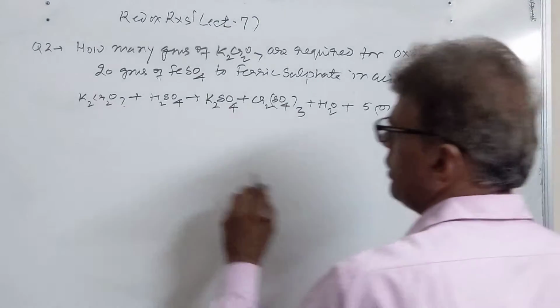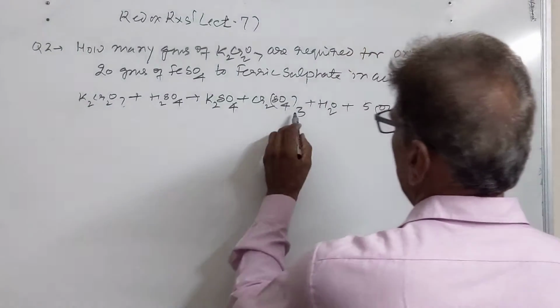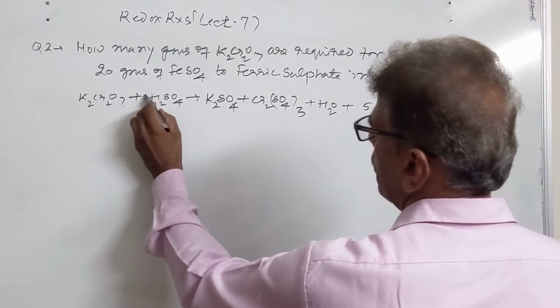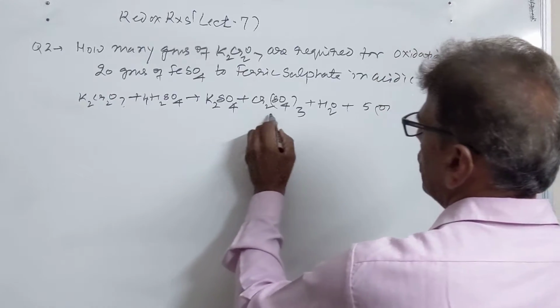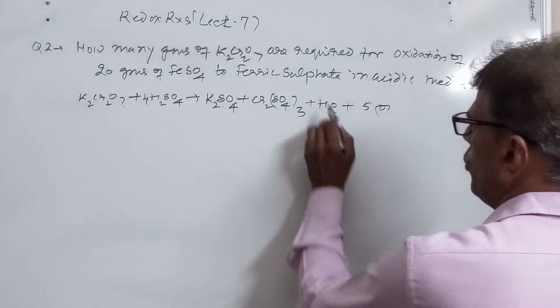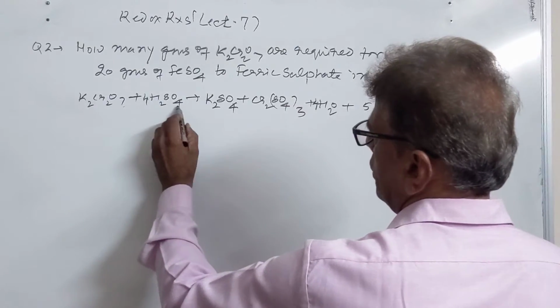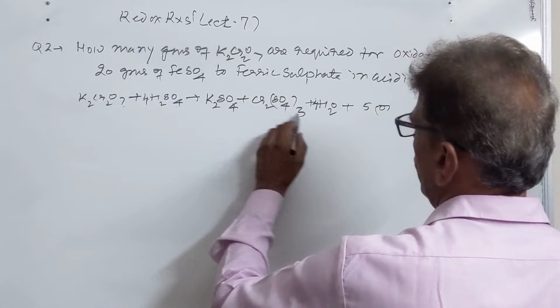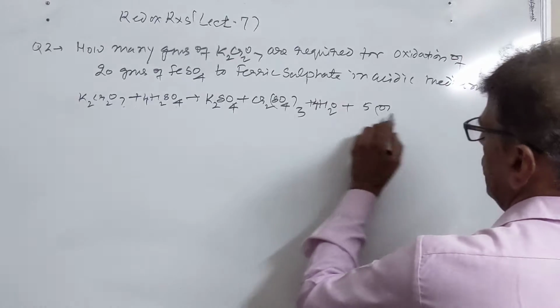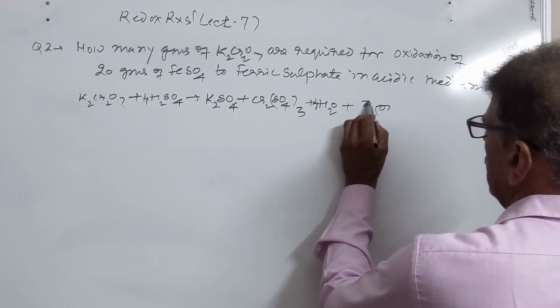Let us see the balancing of oxygen here. 3 sulfate, 4 sulfate, you can have 4 here: K2SO4, Cr2(SO4)3, 4H2O. So we count 7 plus 16, 23 on one side, and 4 and 16, 23. So this is 3 nascent oxygen.